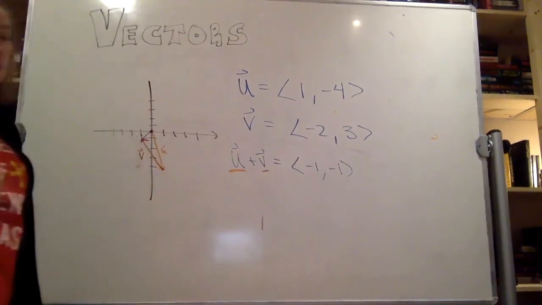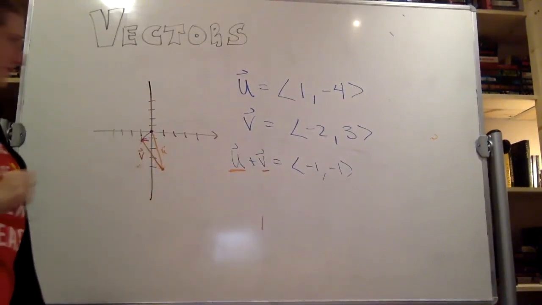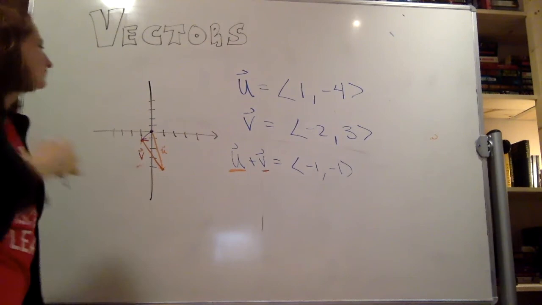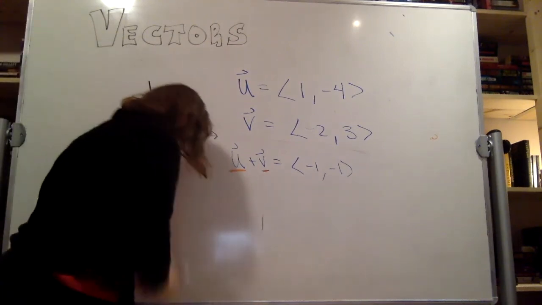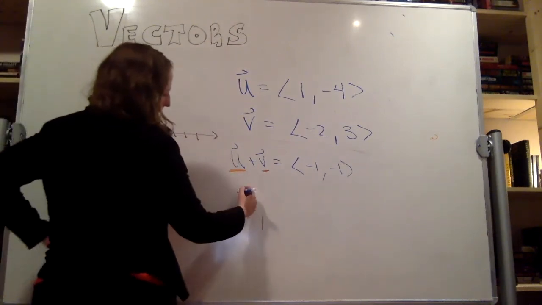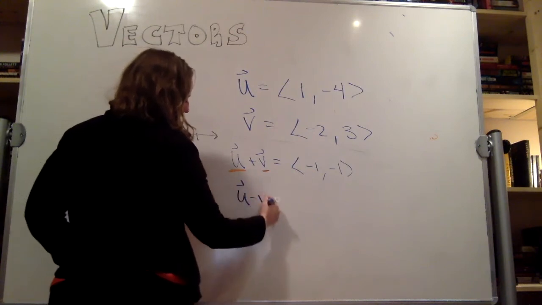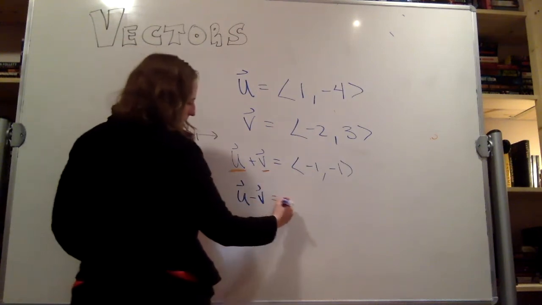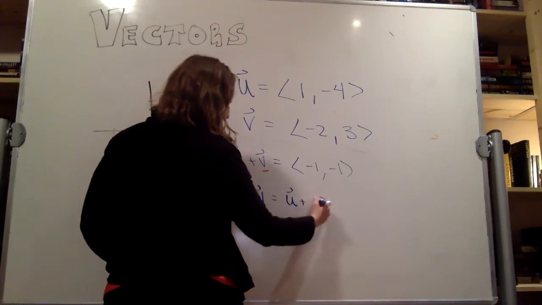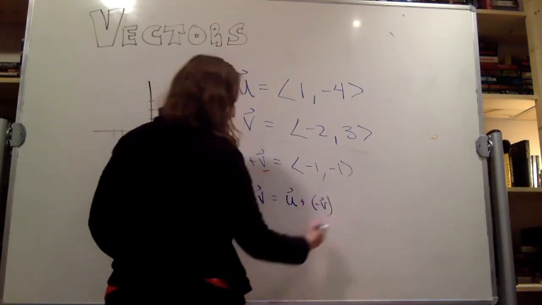Okay? Similarly, if I subtract vectors, so let's say I wanted to do u minus v here. Well, remember that u minus v I can think of as u plus a -v.